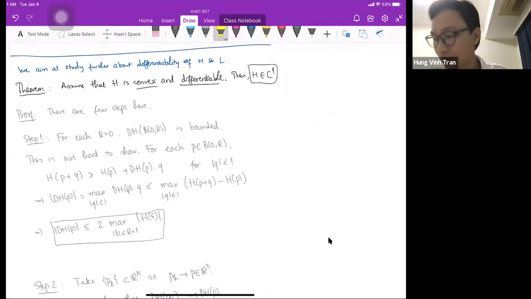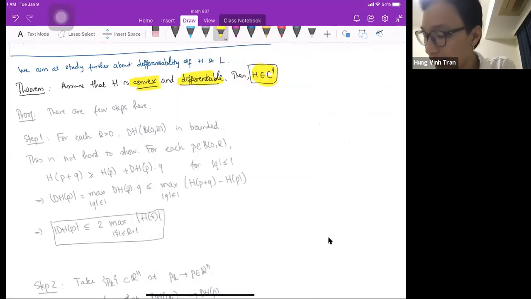The proof of this result is not so hard. We have it's convex, it's differentiable. We need to prove it's C1, meaning that we are just going to quote the definition, nothing more than that.